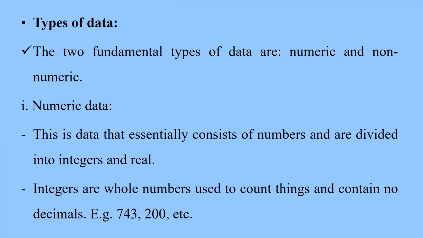The integers are whole numbers used to count things and they contain no decimals. For example, 743, 200, 20, 1, 16, 90, 1000, 5000, etc.